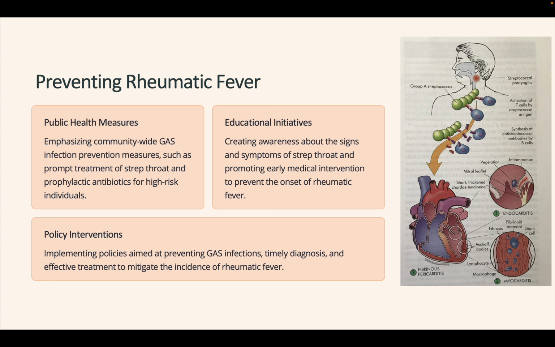So the public health measures emphasize community-wide group A streptococcus infection prevention measures such as prompt treatment of strep throat and prophylactic antibiotics for high-risk individuals. So we have to educate people about that.